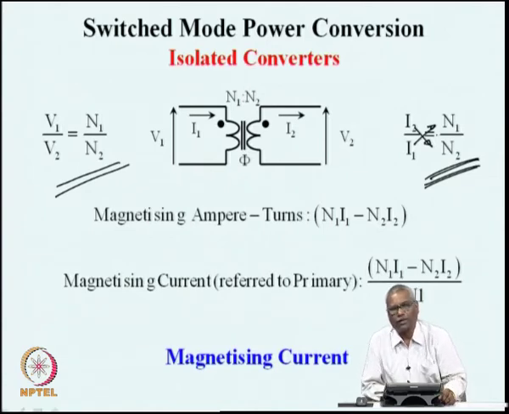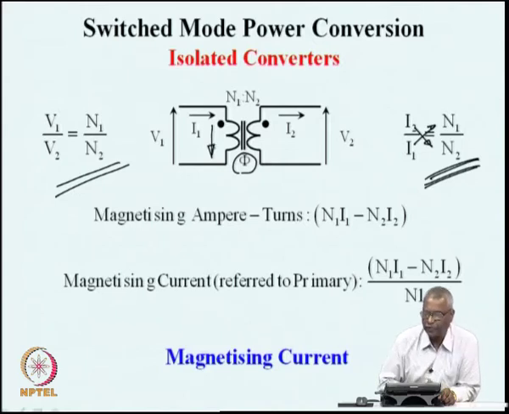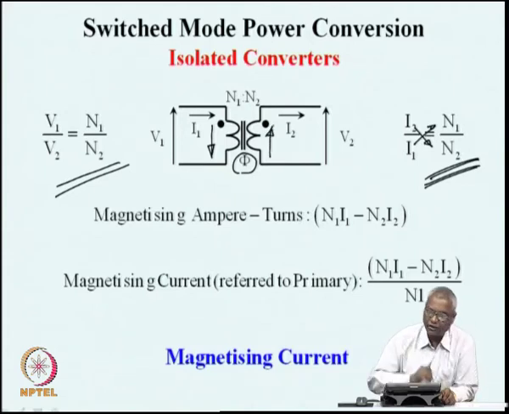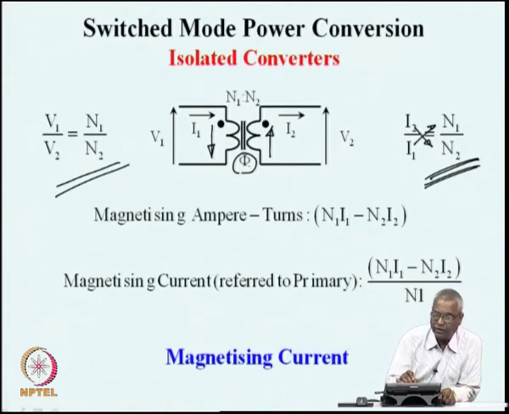On account of that, in an ideal transformer, there is no net flux, because the magnetizing in the core takes place because of N1 I1 in the direction shown here minus N2 I2 in the direction shown there. So, the net ampere turns in the core is N1 I1.